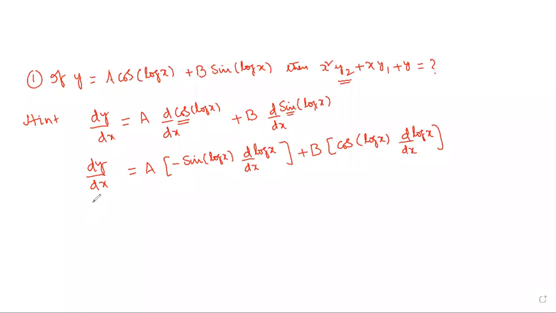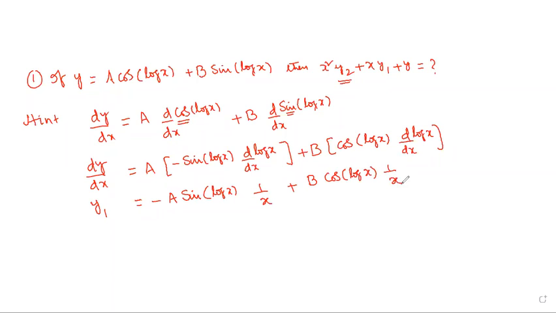So this I will simply represent: y1 is equal to minus a sine of log x, the log x derivative is 1 by x, plus b cos of log x, the log x derivative is 1 by x.